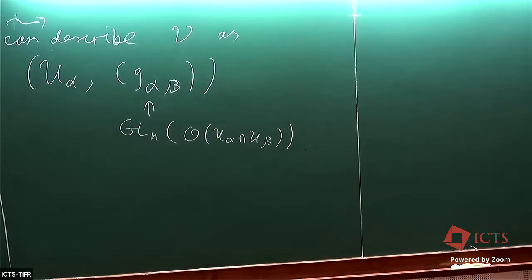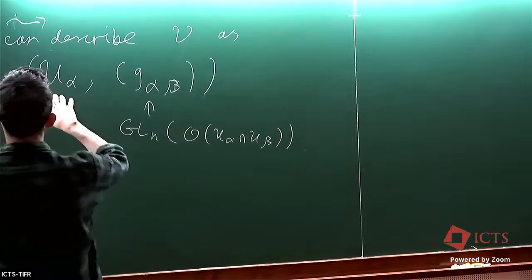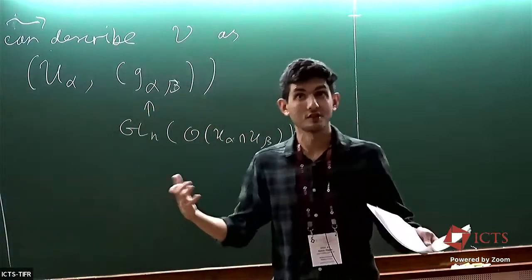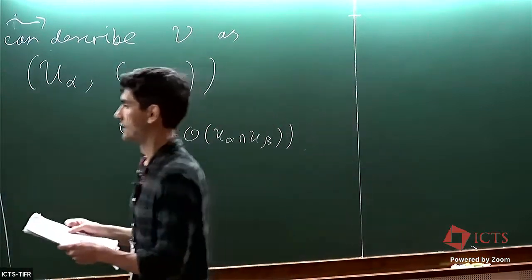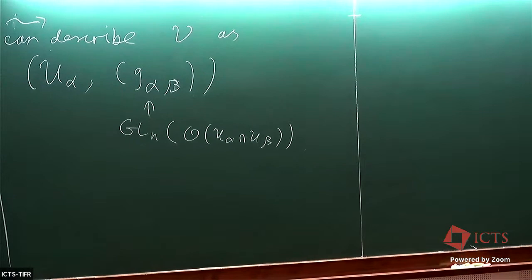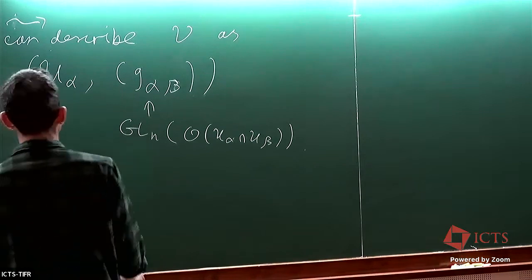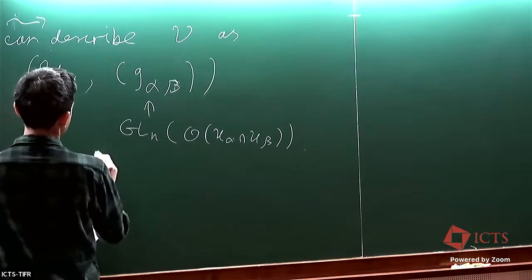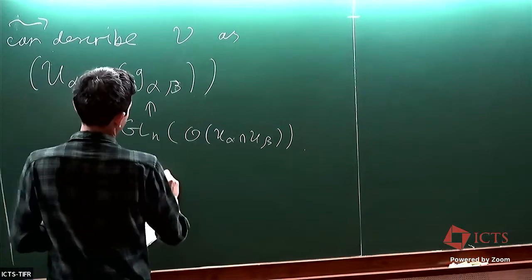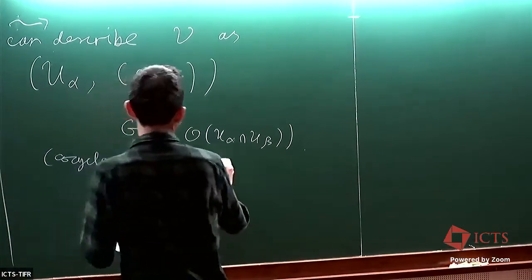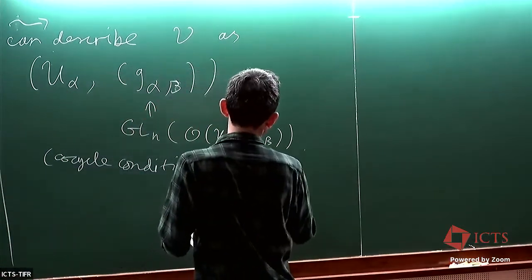If you think about this isomorphism, the way we've defined it is clear that if I have three open sets, U_alpha, U_beta, and U_gamma, which intersect, then there's got to be some kind of relation between the different g's that we get. So there's some cocycle condition on the g_alpha beta.